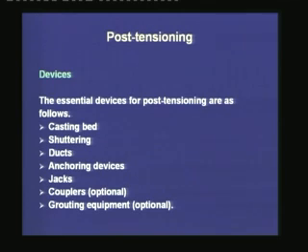We need jacks just like we use jacks in the pre-tensioning operation. Usually the jacks used for post-tensioning operations are even larger because post-tensioning operation is done for larger members. We may also need couplers. The couplers are devices which join two prestressing strands end to end, and we may also need the grouting equipment if we want to have grouted post-tension beams.